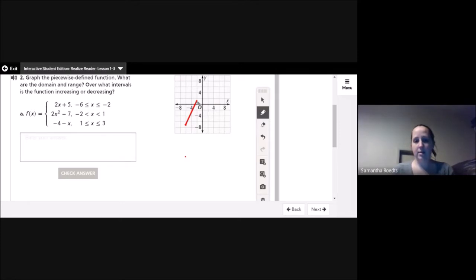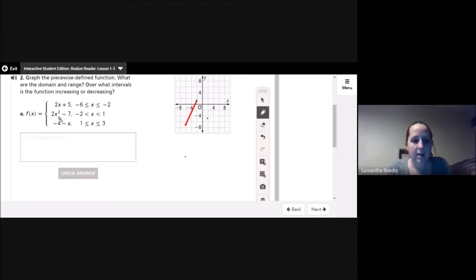So it's right here. Okay. And then 1. So 1 squared is 1. 1 times 2 is 2. 2 minus 7 is negative 5. So at 1, I'm at negative 5, which is right here. So I start here.